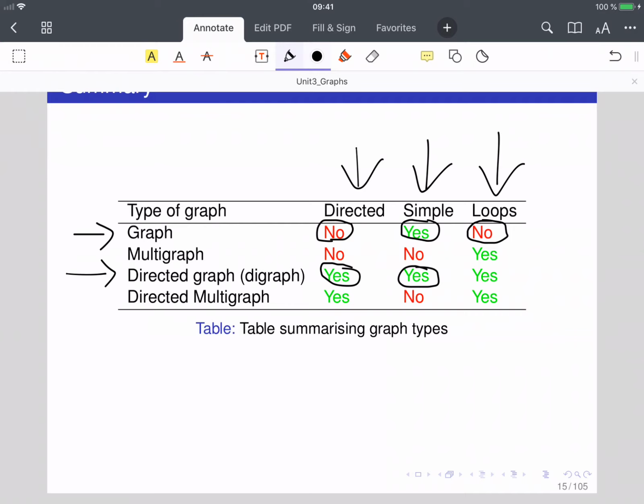Anyway, the names, as I've told you, are sometimes different in different books, and it's a bit confusing, so I will try to specify the type of graph that we are working with. So if I don't say that it is multiple, it is simple, but I will try to say every time whether it is directed or not.